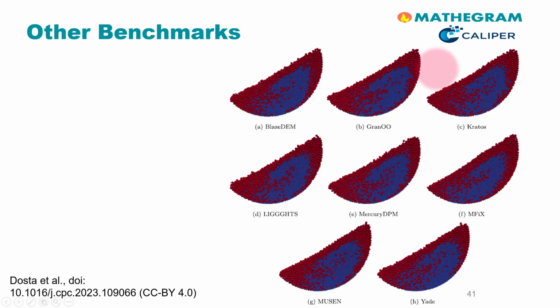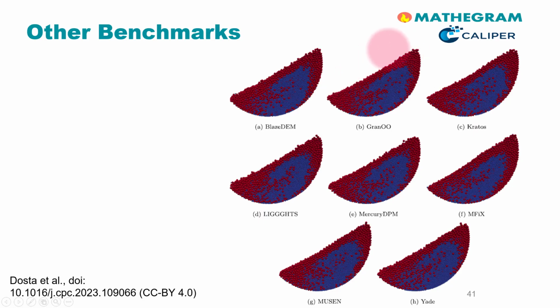As you can see, they simulated segregation of a binary particle mixture in a drum, for which it is anticipated that the smaller particles, here in blue, migrate towards the center of this flow, and the larger red particles stay at the outside of this flow.